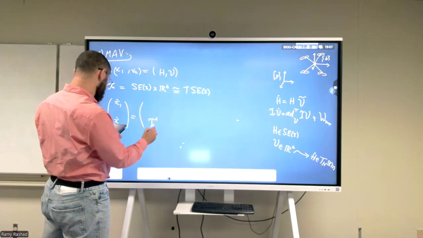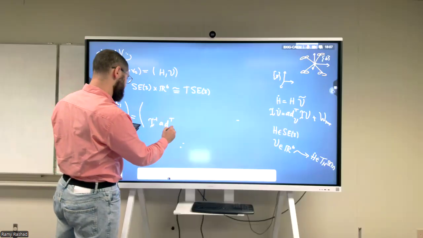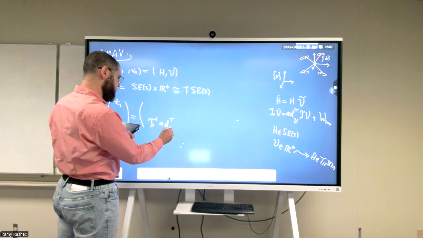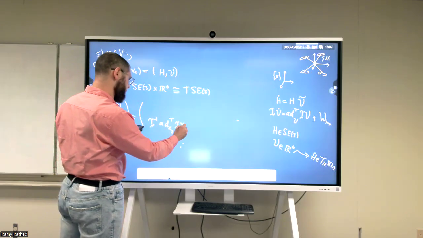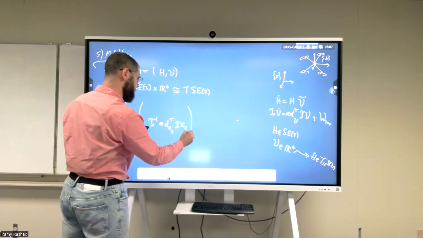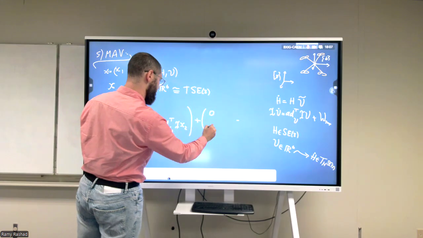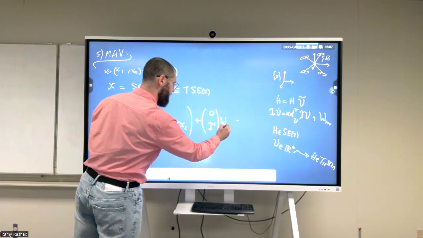Inertia inverse multiplied by, it's a function of what? X2, and then we have here I x2. You all agree? Plus the I inverse W. The wrench due to the propellers.